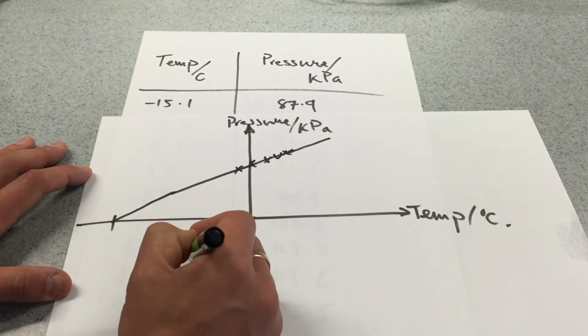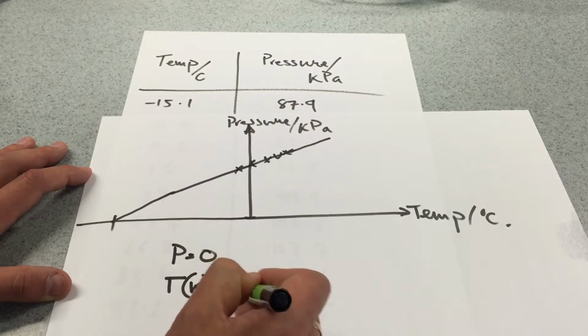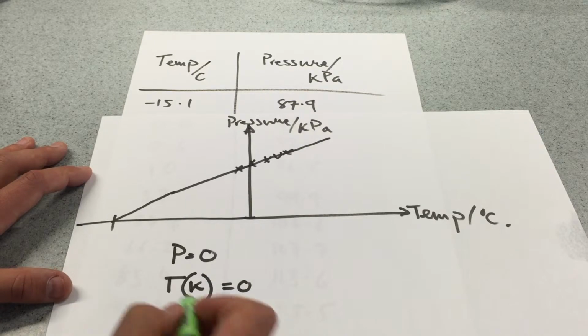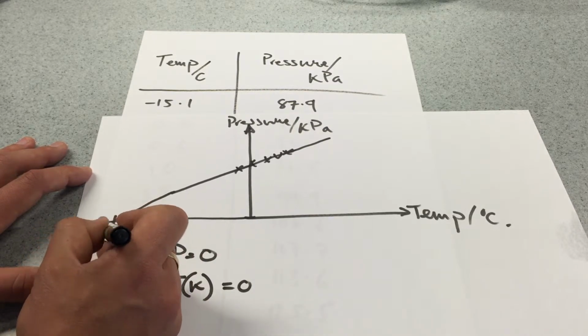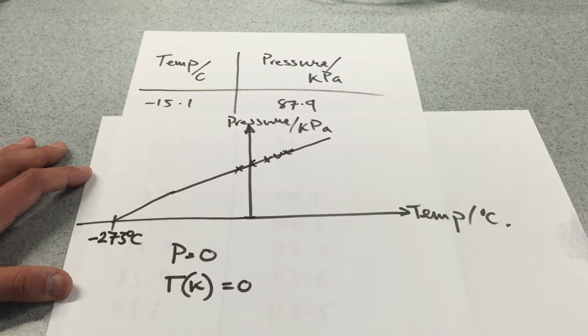And we said if the pressure is 0, then the temperature in terms of Kelvin must equal 0, because Kelvin, remember, is how fast the particles are moving. In other words, this should be coming out to be something like -273 degrees C, absolute 0.